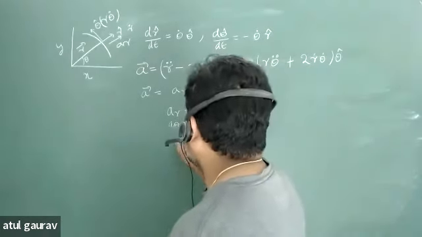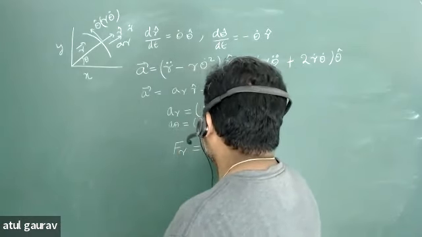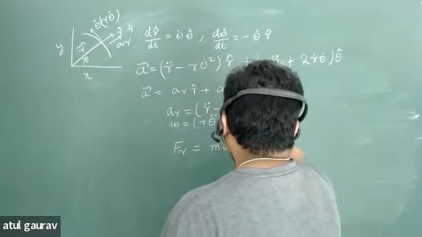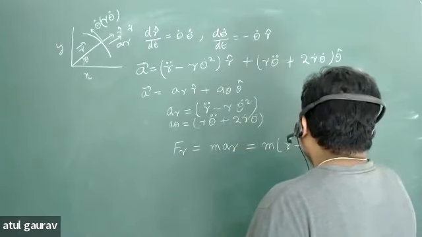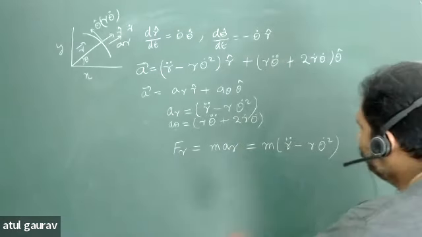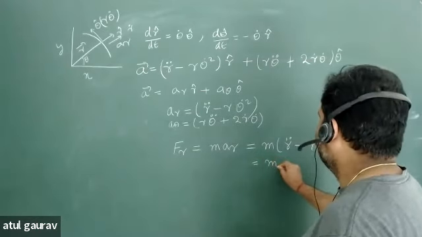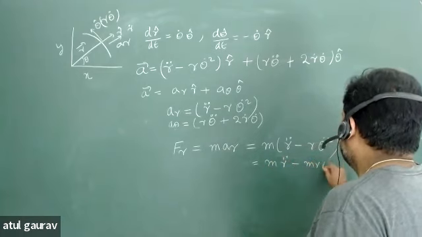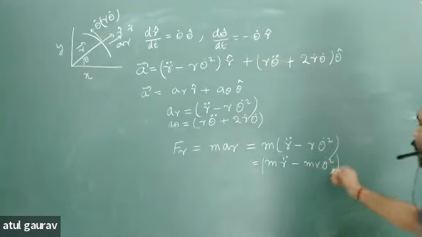And you can write Newton's law of motion that Fr is equal to m AR, which equals m times r double dot minus r theta dot square. And if we look at this particular term, minus m r theta dot square, what is it identified as?